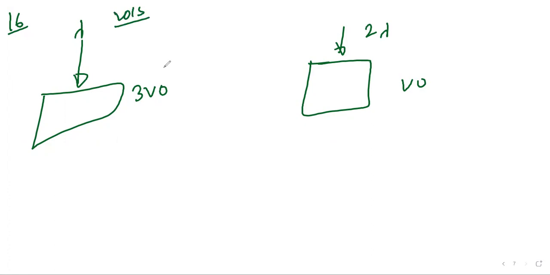So see here, same formula we will apply. So initial kinetic energy equal to threshold plus final kinetic energy, right? So right here phi equal to Ki minus Kf.